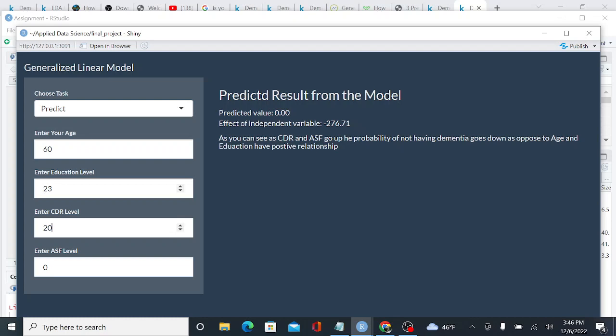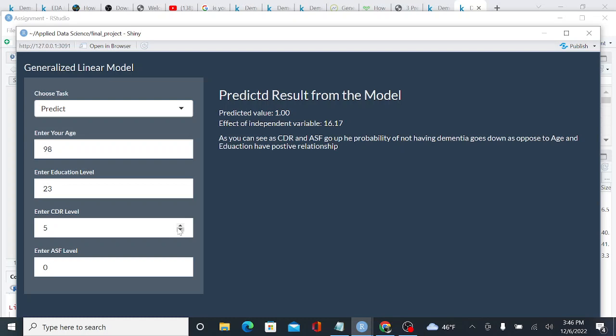And if your CDR level is low, but you're around 90 or 98, you're still affected. So you have to watch the CDR level.